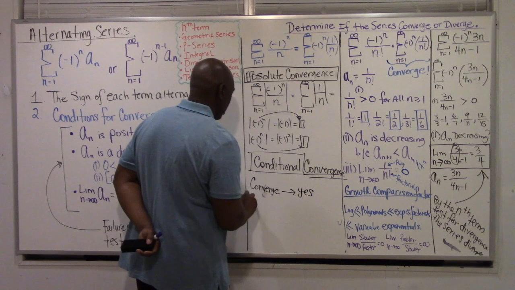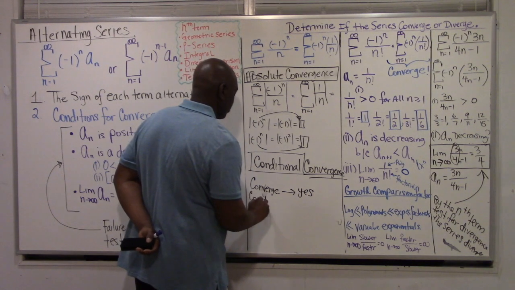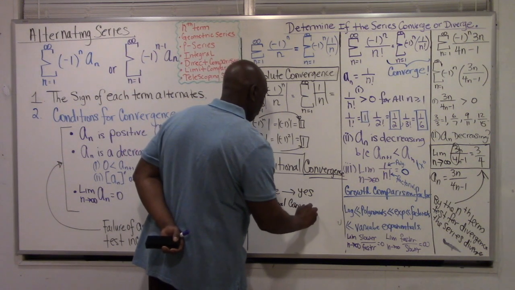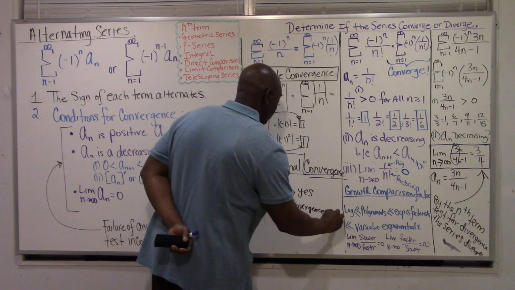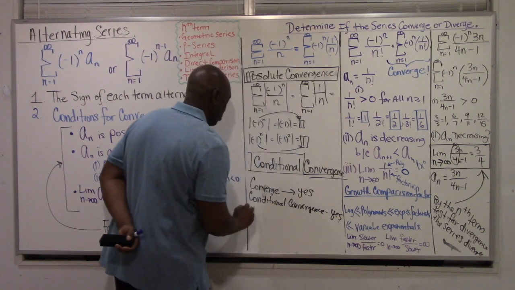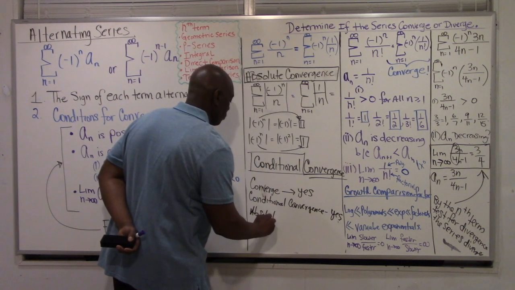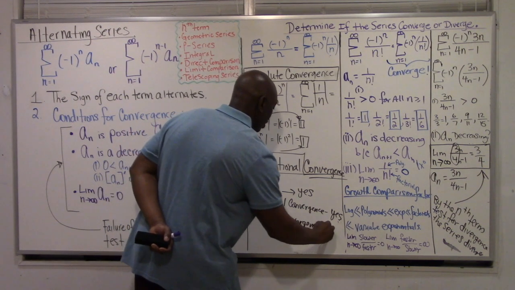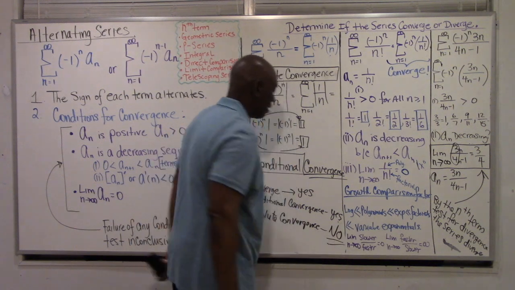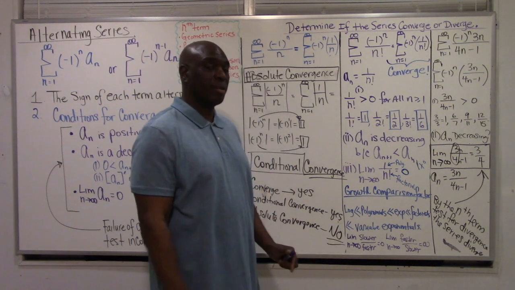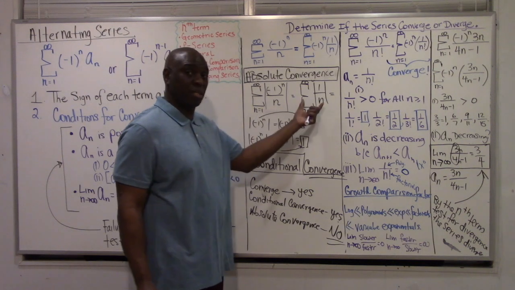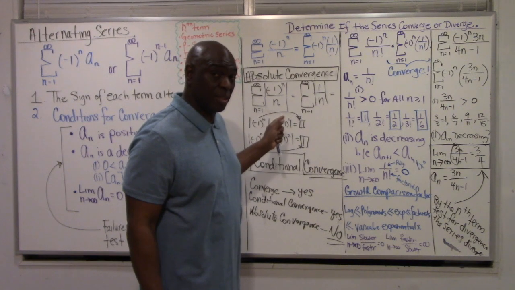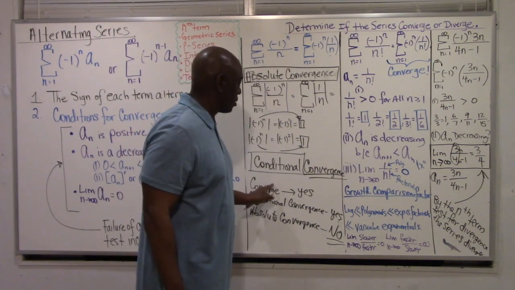Yes. Is it conditional convergence? Yes. Is it absolute convergence? No. It does not absolutely converge, because when I put absolute values around it, it diverges because of the p-series. With no absolute values around it, it will converge, and it converges conditionally.